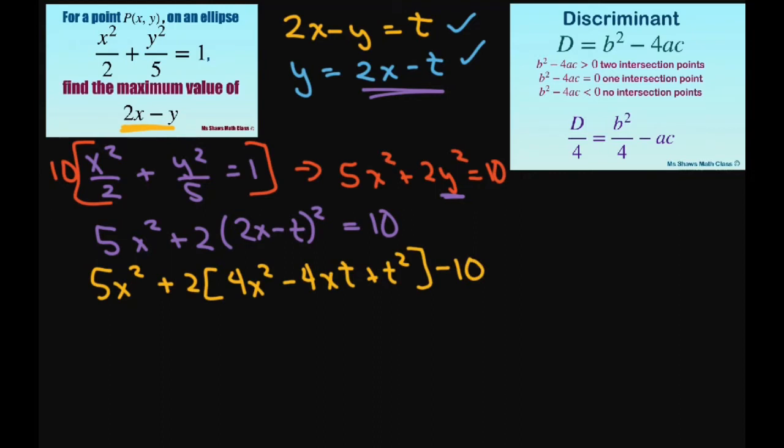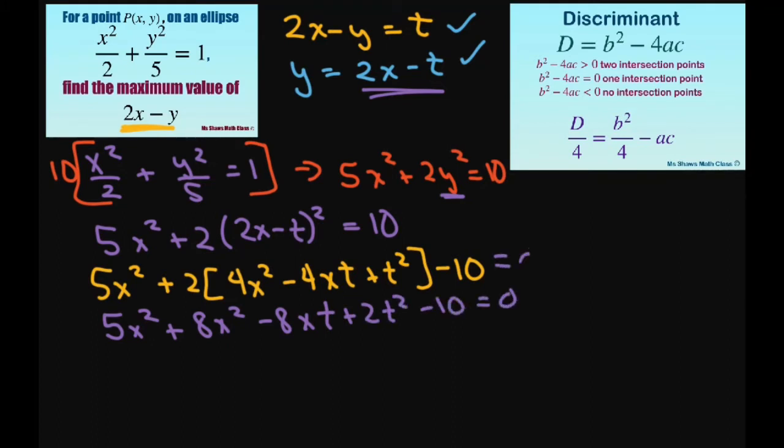Simplifying all this, we get 5x squared plus 8x squared minus 8xt plus 2t squared minus 10 equals 0. From that we can simplify this to 13x squared minus 8tx plus 2t squared minus 10 equals 0.